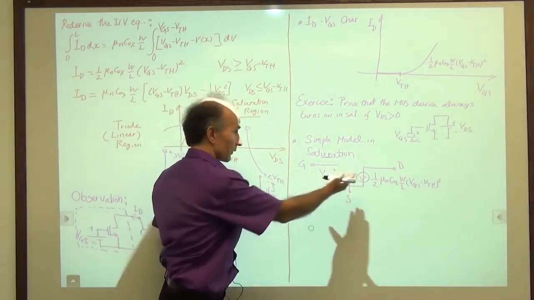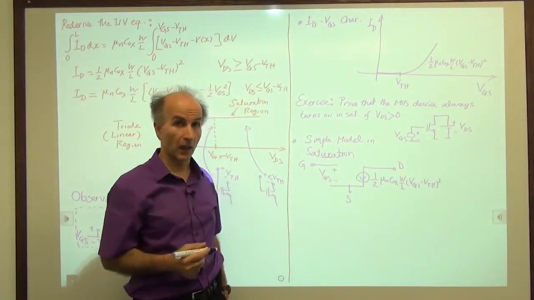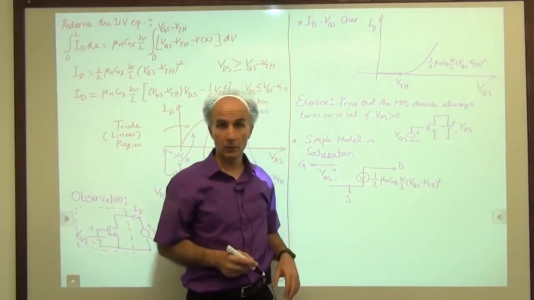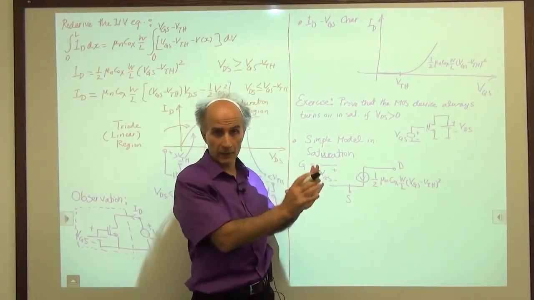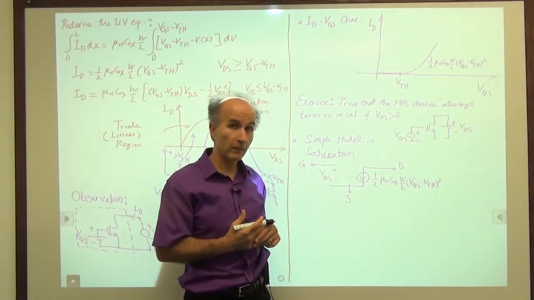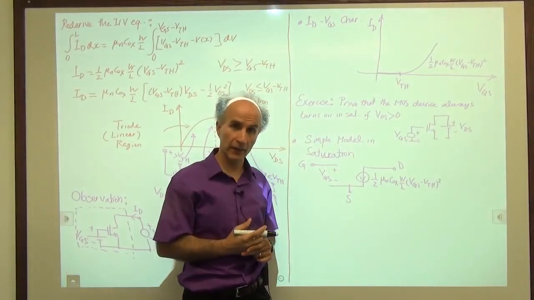And here's a voltage-dependent current source. This current source is a function of this voltage. Now, of course, the dependence is nonlinear. We'll have to see the consequences of that, but it is a voltage-dependent current source. So maybe using this device, we can build an amplifier, and we will do that a little later.